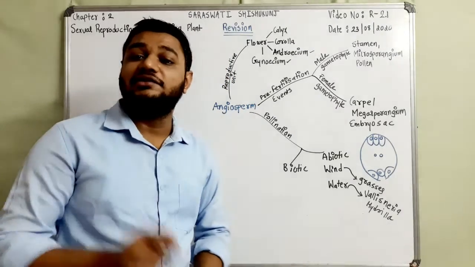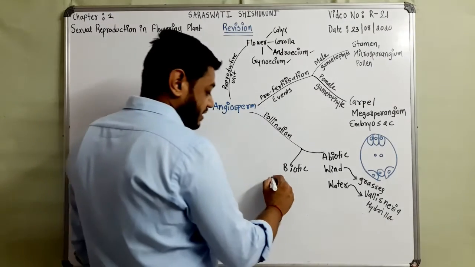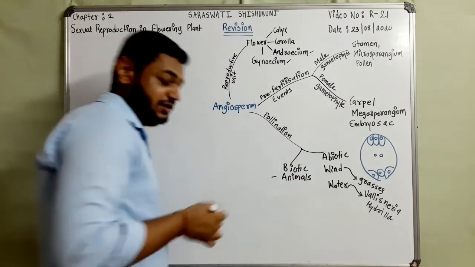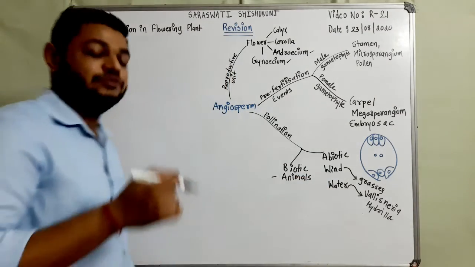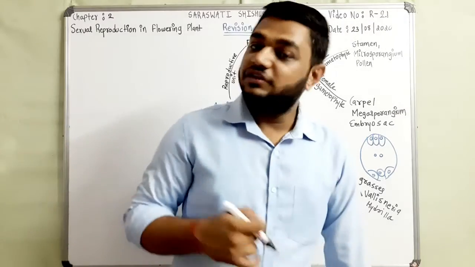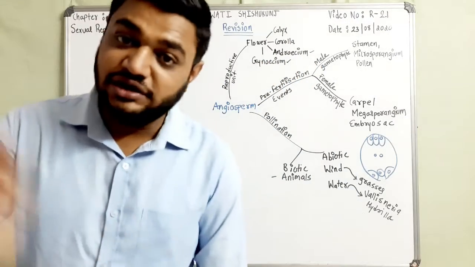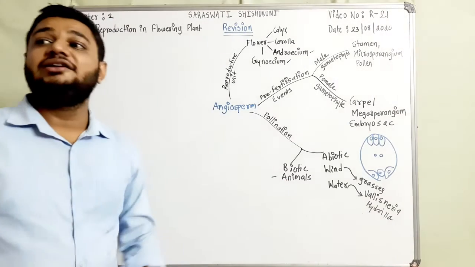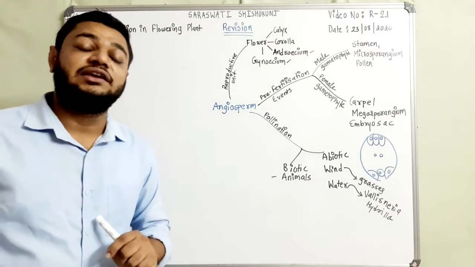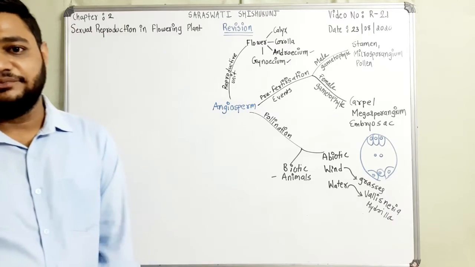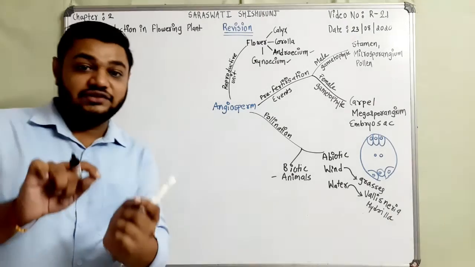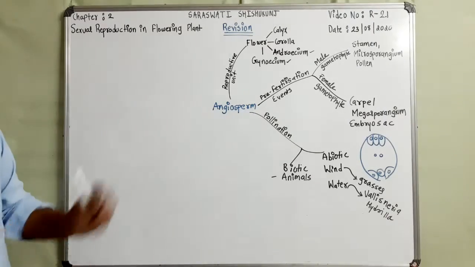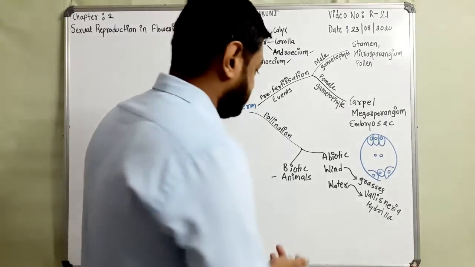While biotic agents are animals, examples are many. You can take insects, bees, honeybees. Such animals undergo pollination. In case of animals, we say zoophily, and especially for insects, it is referred to as entomophily. So these are the types of pollination.